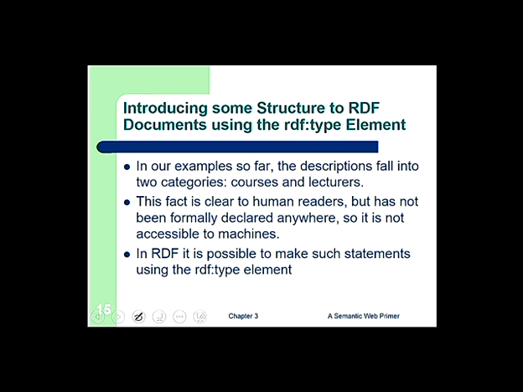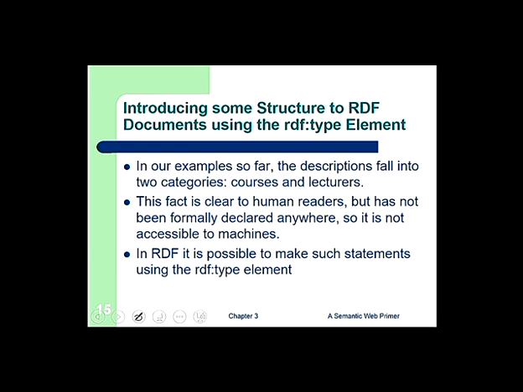Another thing, if you observe the descriptions we have talked about so far, they fall into two categories. The courses, we are talking about CIT 1111, core discrete math and other courses, and we are talking about lectures. Now this information is clear for human beings. Anyone who is reading these descriptions can make sense of it. Discrete math is a course.